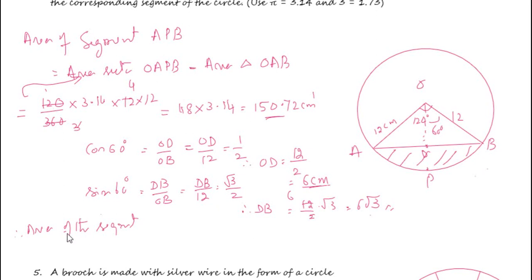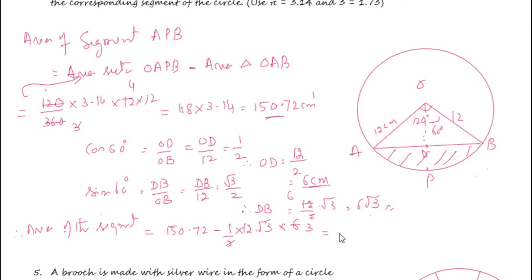So area of the segment equal to area of the sector, that is 150.72 minus area of this triangle, that is half, into base. Base is DB is 6 root 3. So AB is 2 times of that, that is 12 into root 3 into height. Height is 6. 2 times, that is 3.